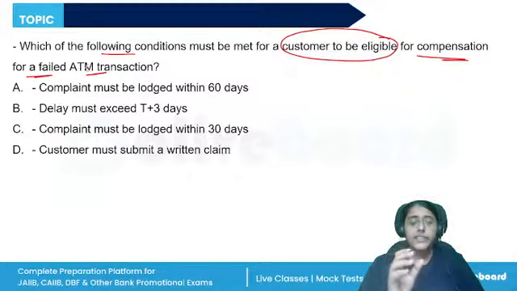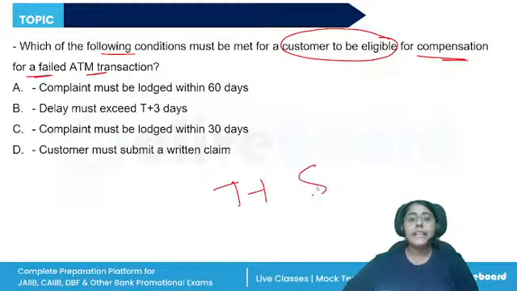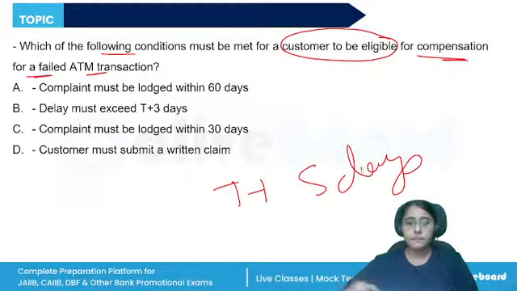The first step by the bank should be to recredit the customer's account within a maximum of T plus 5 days, right? But here the customer should make a complaint, right? When the customers make a complaint from that day within T plus 5 days, they need to make the recredit.